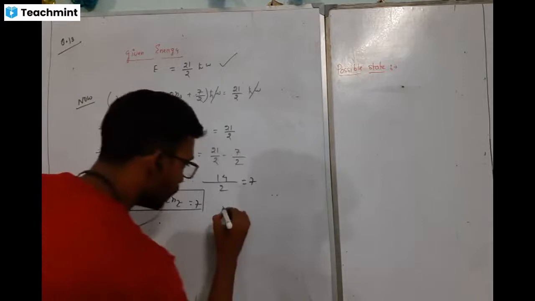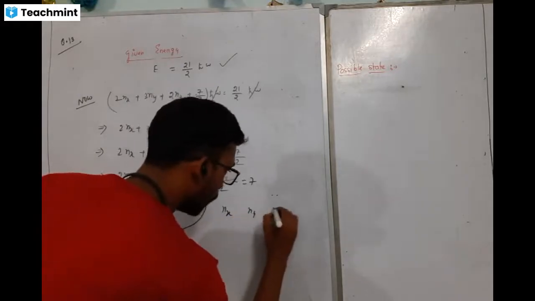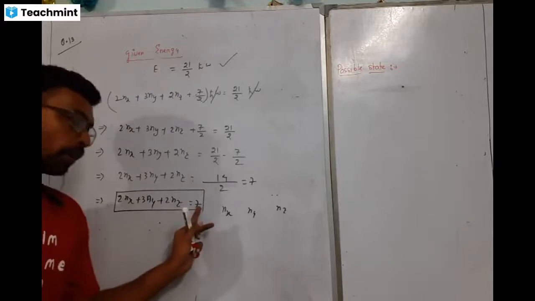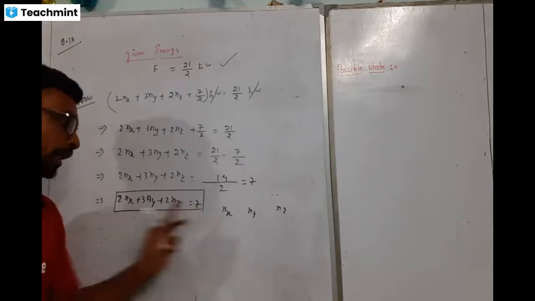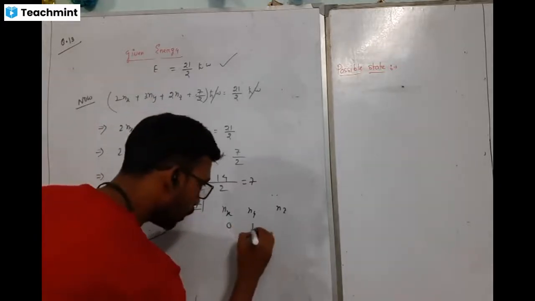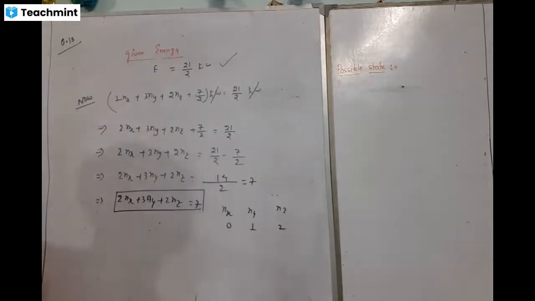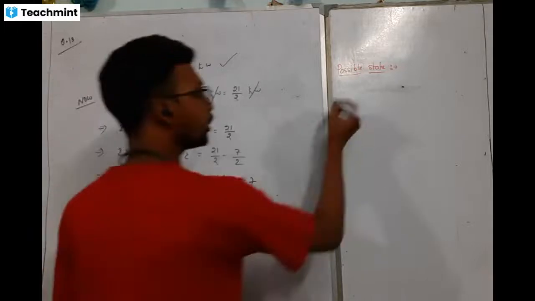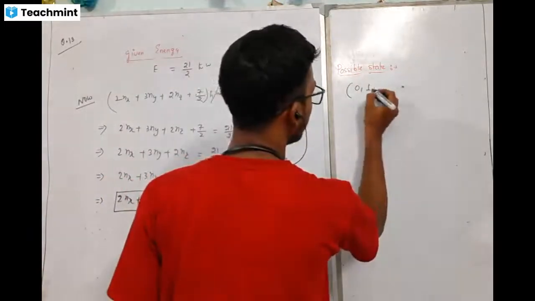We take nx, ny and nz, substitute the values, and we get 7. Nx equals 0, ny equals 1, nz is 2. So its value is basically 7. So this is one state, the possible state 0, 1, 2.